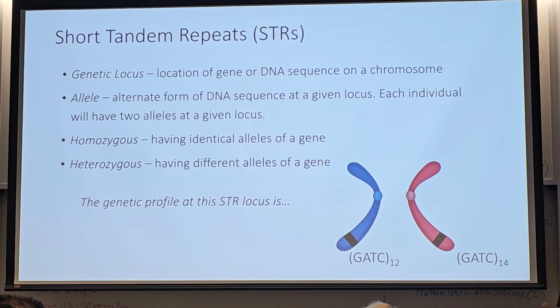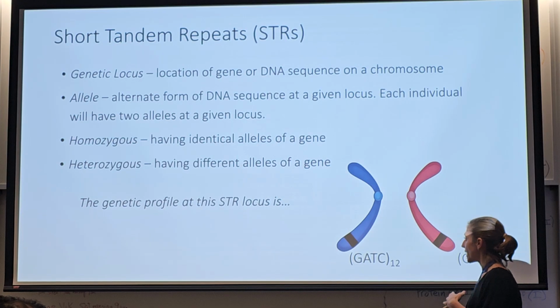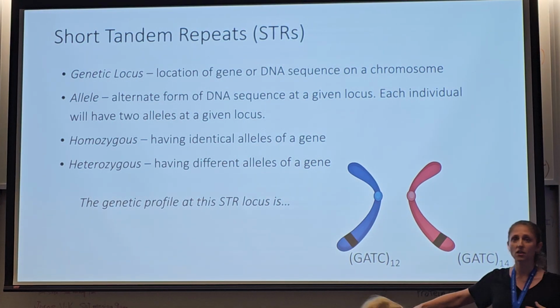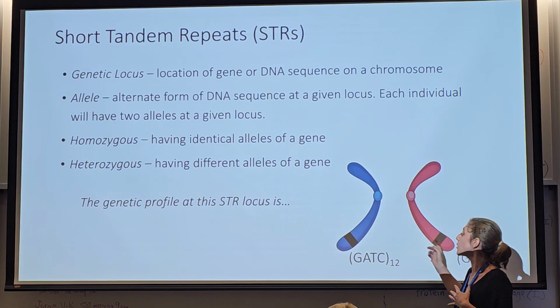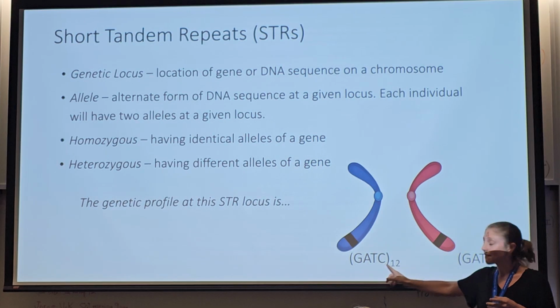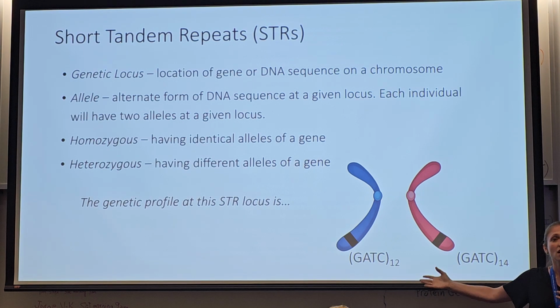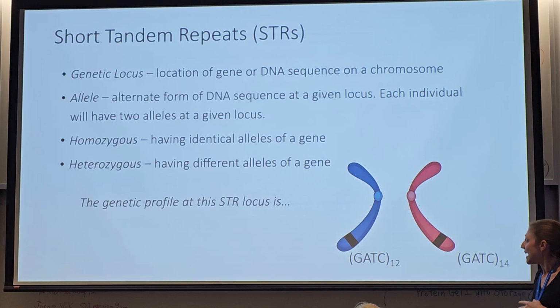So when we're thinking about these short tandem repeats, we're thinking of them as being at a particular genetic locus. You're going to inherit one copy from mom and one copy from dad. It's going to have a particular sequence to it. This one happens to be a tetranucleotide, because it has 4, and it's going to have variable amounts of repeats.